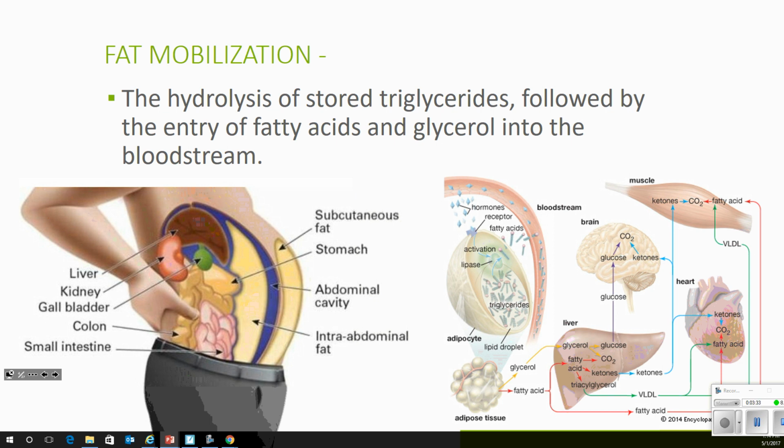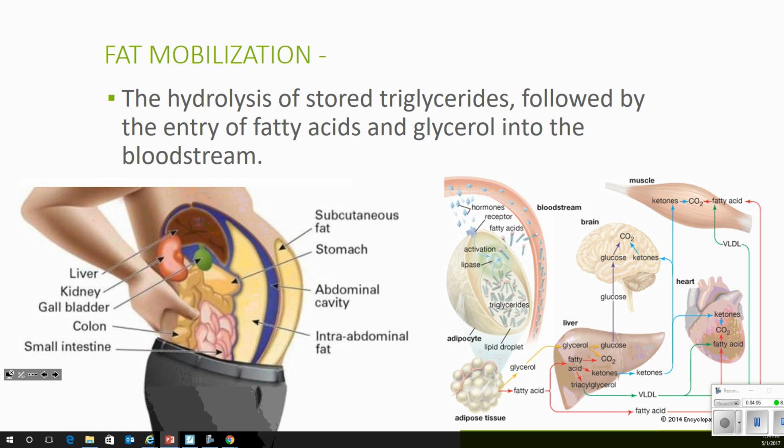So we've got the liver, the kidney, the gallbladder, the colon, and the small intestines that help us to metabolize things. And as we go through our cycle with our liver and our heart and our brain and our muscles and what they need, adipose tissue can help us get back glycerol, and fatty acids can be turned into ketones and triglycerols.